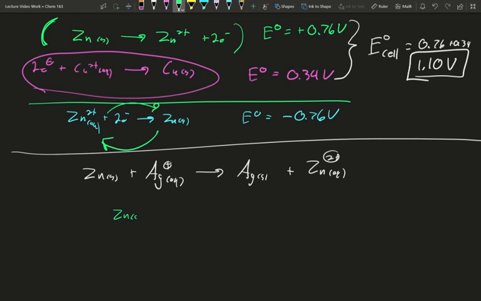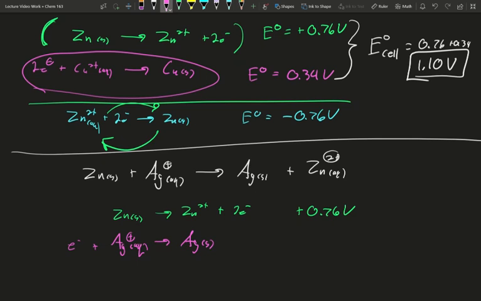Again, my zinc solid is going to go to zinc 2 plus and 2 electrons. Our potential there is the reverse of what's in the table. So it's going to be positive 0.76 volts. But this time, my other ions are the silver. Silver plus aqueous goes to silver solid. I'm going to need 1 electron.